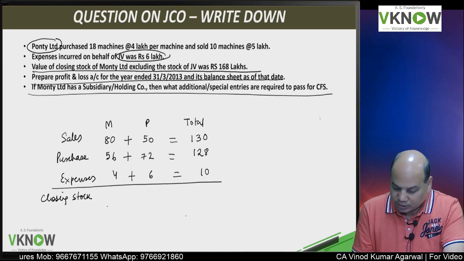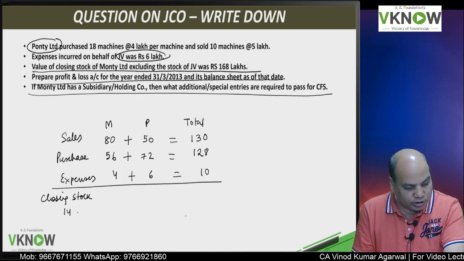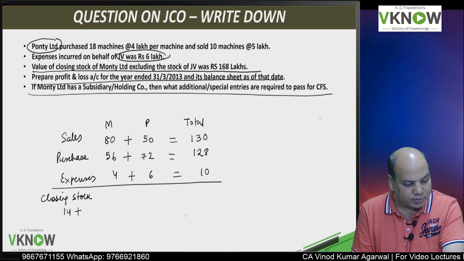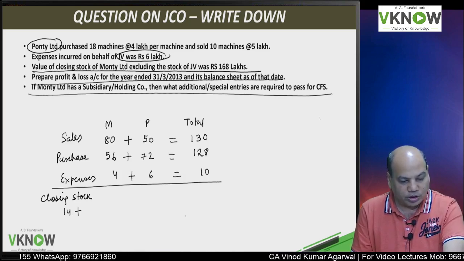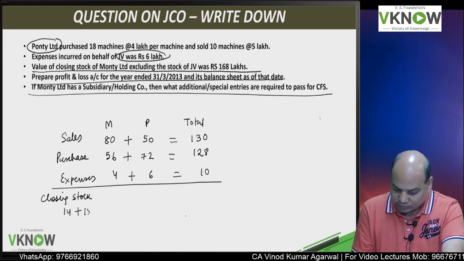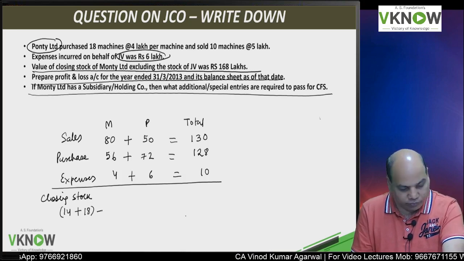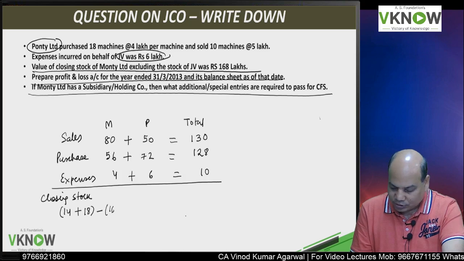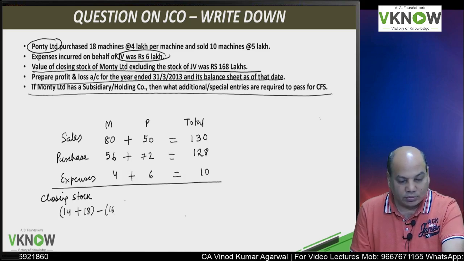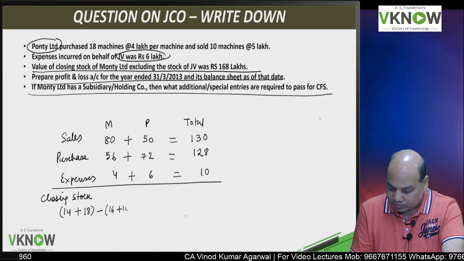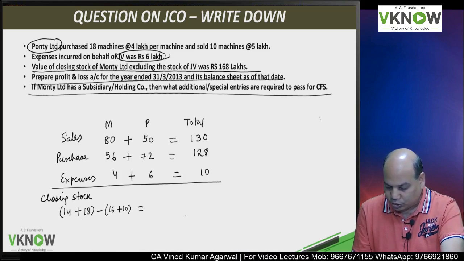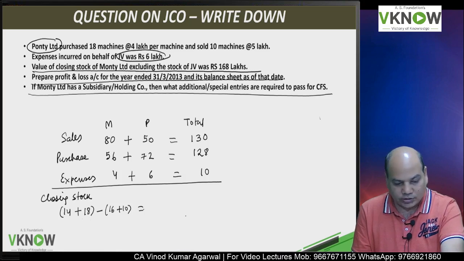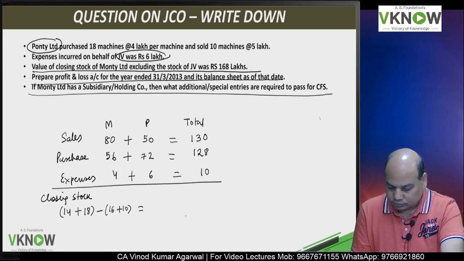Total purchase made by them is 14 units purchased by Monty, and Ponty has purchased 18. This is purchase, and total sale is 16 units by Monty and 10 units by Ponty. So closing stock will be 32 purchased, 26 sold.